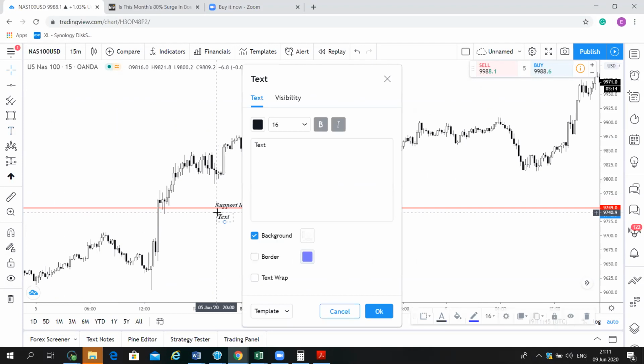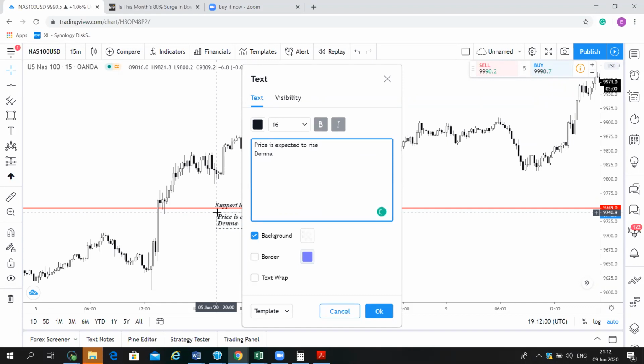At a support level, what do we expect? Price is expected to rise, demand to rise. So what do we do at support? Most of the time we buy the market.